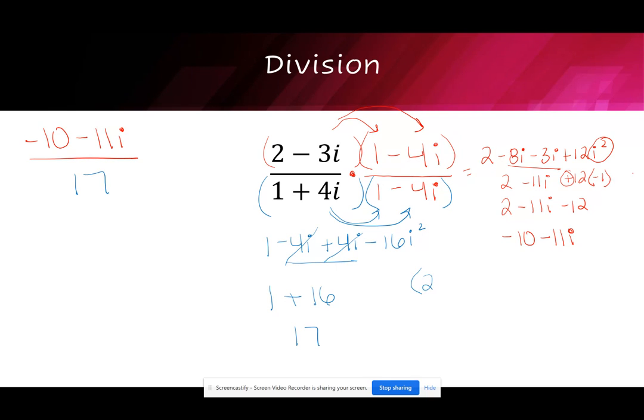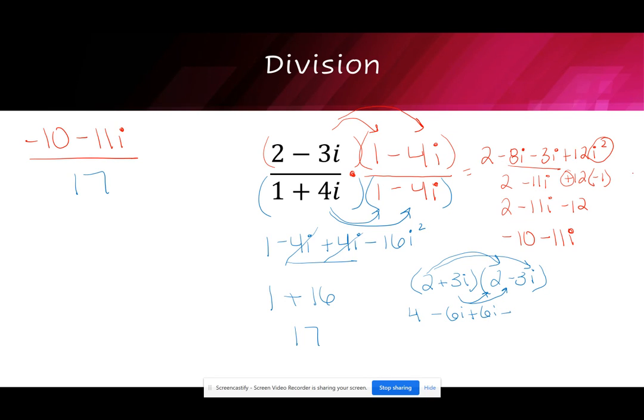So for example, if you have 2 plus 3i times 2 minus 3i, you're going to get 4 plus 9. You're going to get the square of your first number plus the square of the second number. So if you did multiply it out, 2 times 2 is 4. 2 times negative 3i is negative 6i. 3i times 2 is plus 6i.